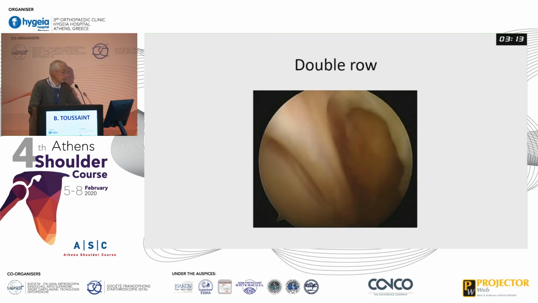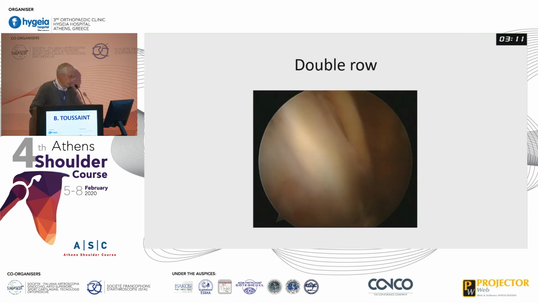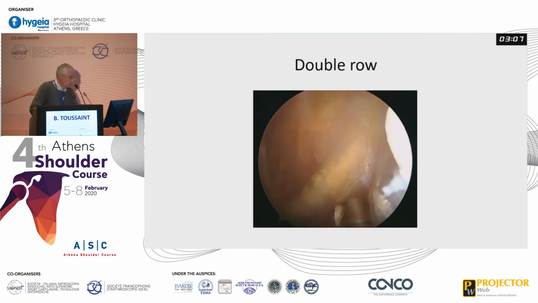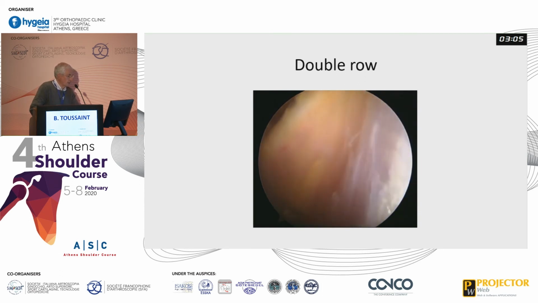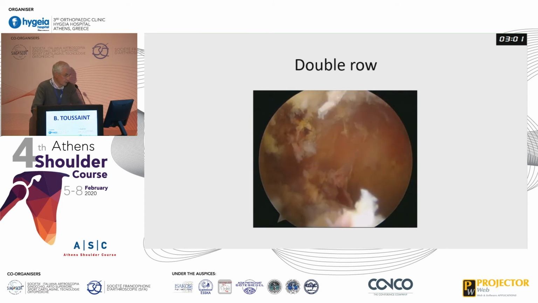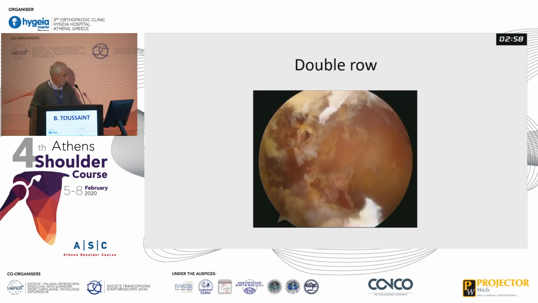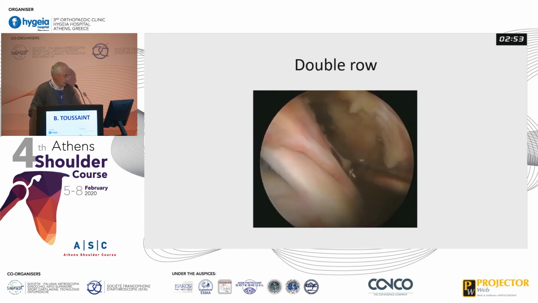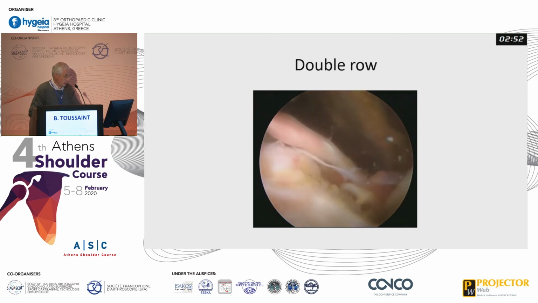If you have a full thickness tear, you need to release anteriorly, and you can see the axillary nerve to be sure it is not adherent to the muscle. You clean the superior part very well, the coracoid on top, and you can check the biceps groove.